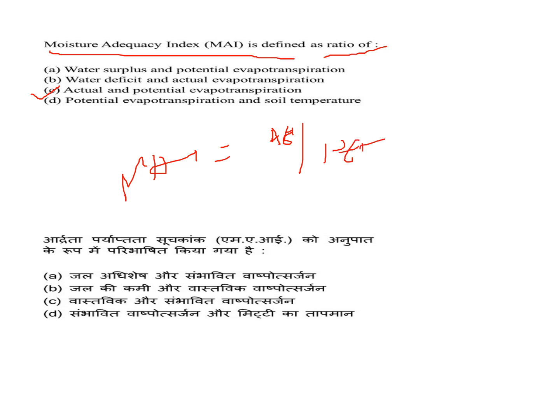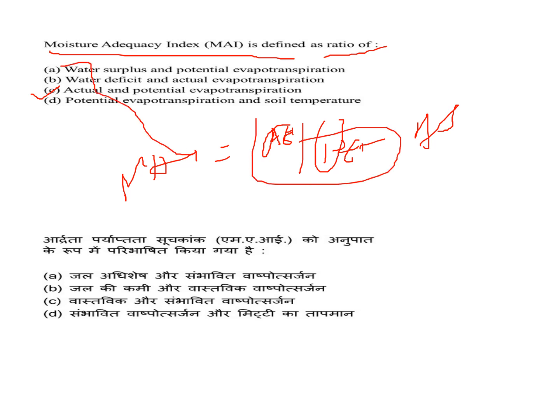It is the real amount of water delivered to the atmosphere through evaporation and plant transpiration based on available soil moisture. What is potential evapotranspiration? It is the maximum possible water loss to the atmosphere. The ratio of these two gives the moisture adequacy index.